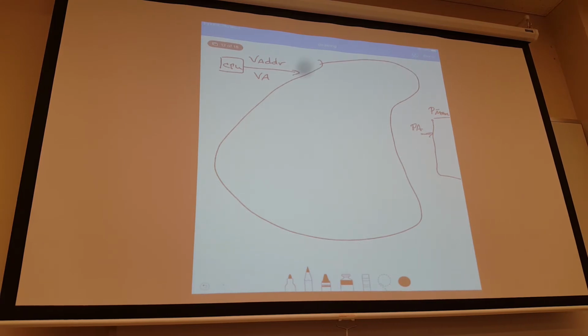So let's say we take the virtual address and compare it against the bounds register. We call it the limit register; as I said, you can call them either. If the virtual address is greater than that register, what do we know? It's out of bounds. But what do we mean by out of bounds?